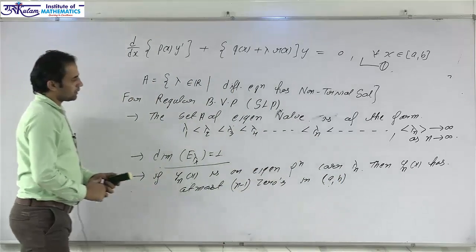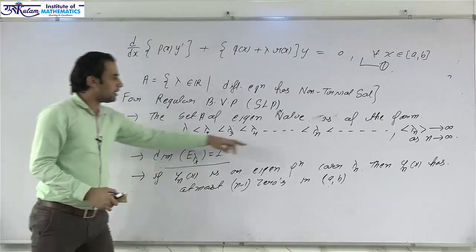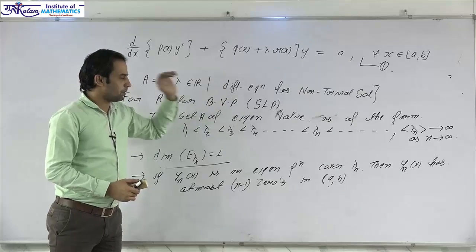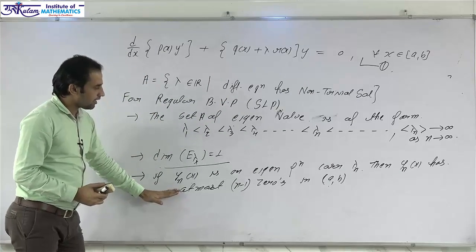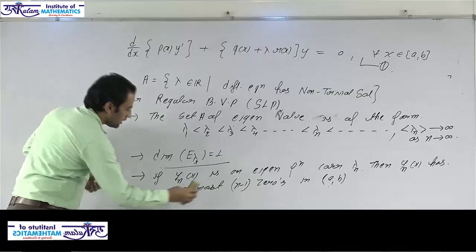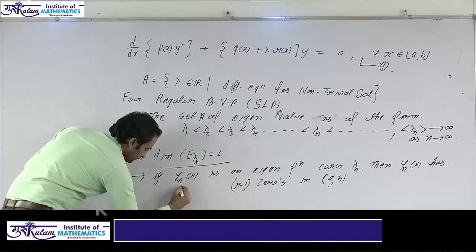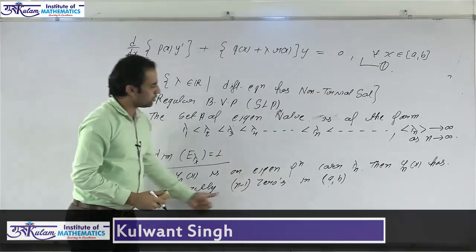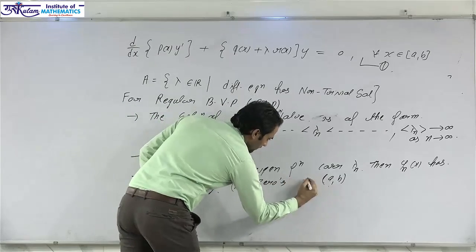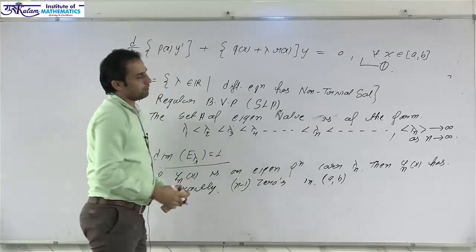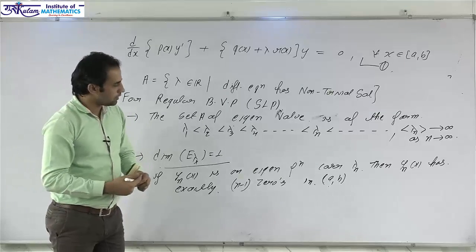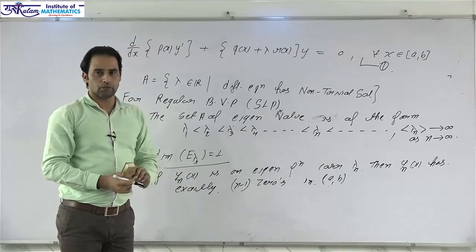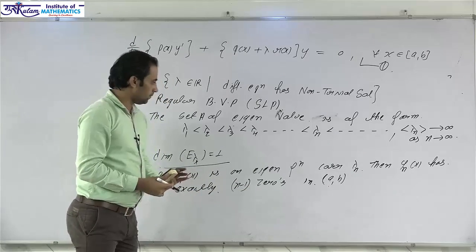So corresponding to the nth eigenvalue of the regular boundary value problem or Sturm-Liouville problem, the eigenfunction has, not at most, but exactly n minus 1 zeros in the open interval AB. In the closed interval there may be n zeros, there may be n plus 1 zeros, or there may be n minus 1 zeros. It will depend on the boundary conditions.